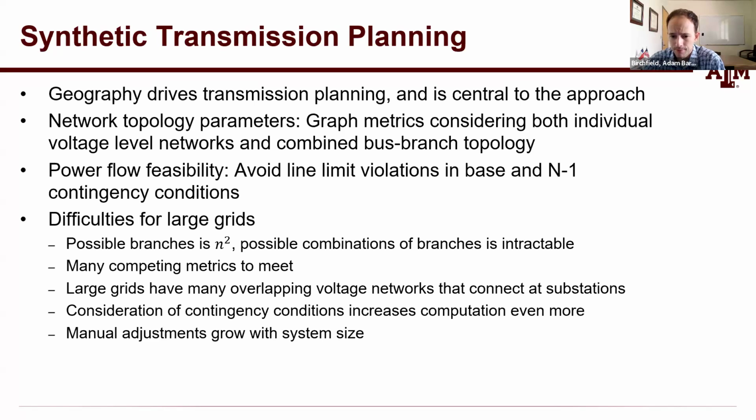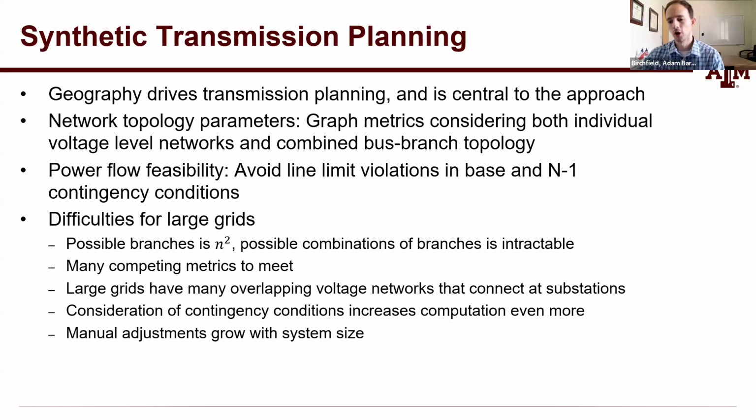And so this is a difficult problem for large grids. One of the aspects is that there's a very large number of possible branches, right? It's going to be on the order of n squared if you have n substations. There are also many competing metrics to meet. Obviously, power flow feasibility is in competition with geographic constraints, for example, and you have to get that balance just right.